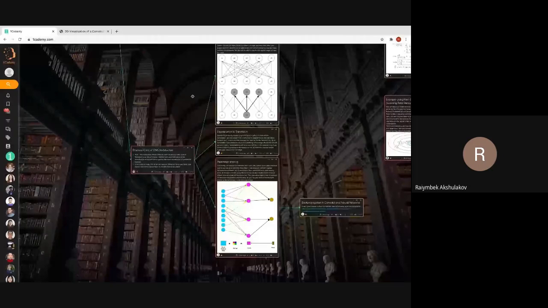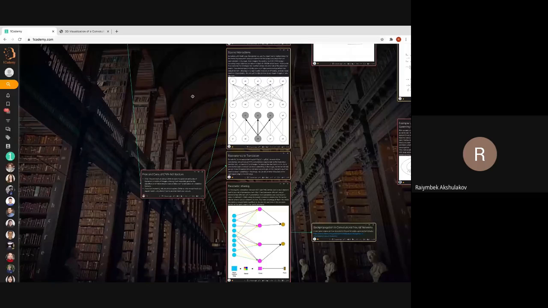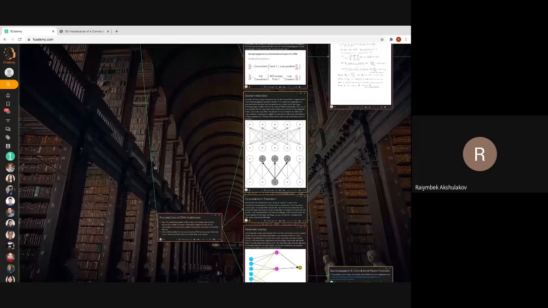So I also wanted to talk about the evolution of neural networks and build more on that. Previously we were discussing the pros and cons of CNN architecture.